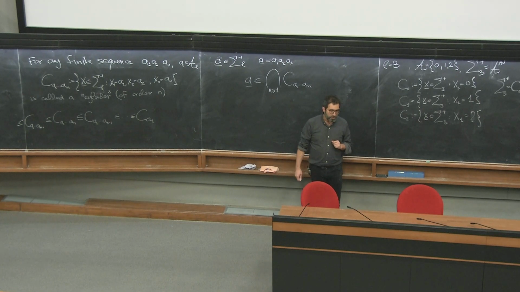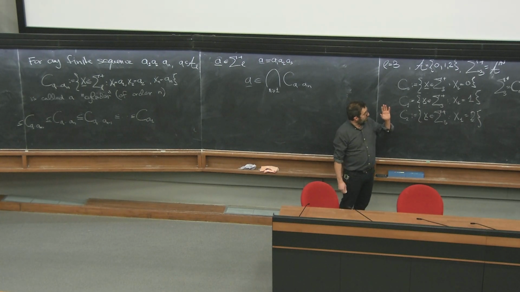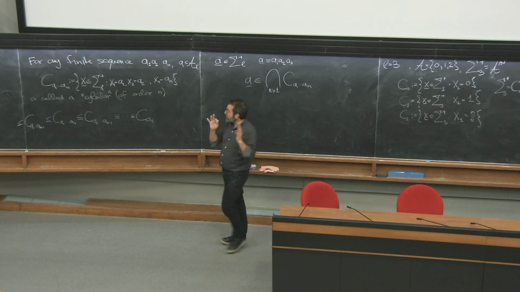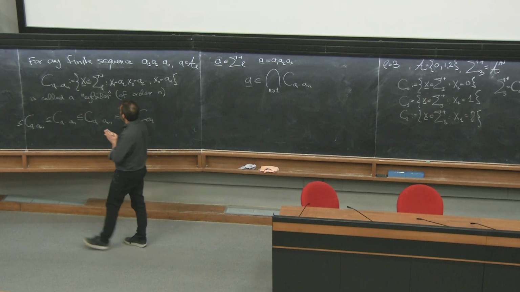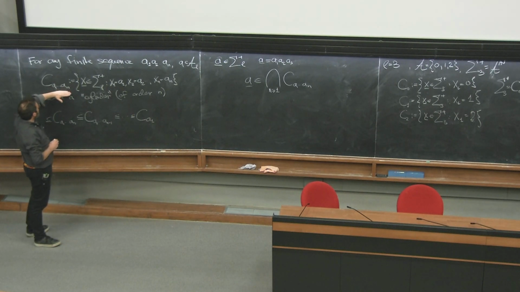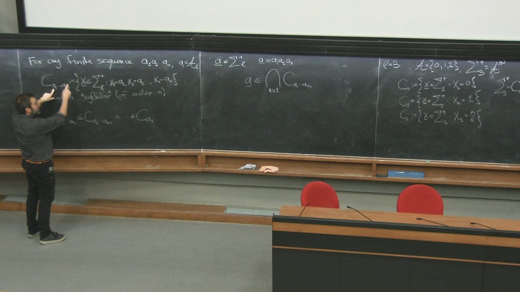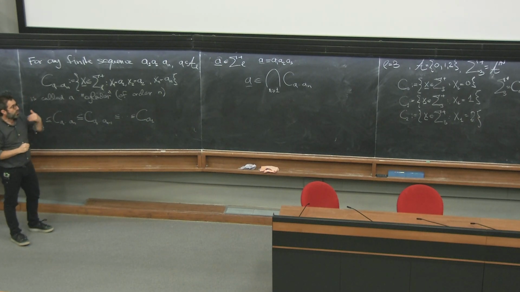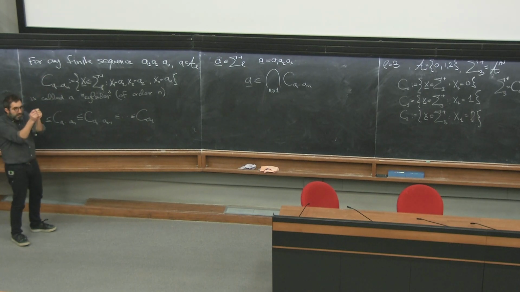It's true that with respect to our metric, these cylinder sets have smaller and smaller diameter, because all the sequences in this cylinder set coincide for the first n digits. So according to the metric, they're all very close to each other.